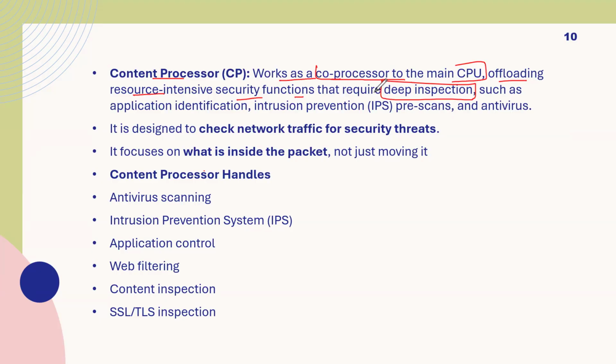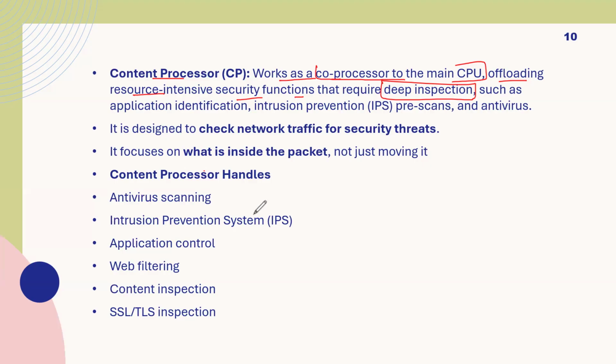The responsibility of the content processor is deep packet inspection. It has to identify whether there is any malicious threat or not. For that, it needs to use more resources, and we can't give all those resources to the CPU. So to offload them, what do we have?